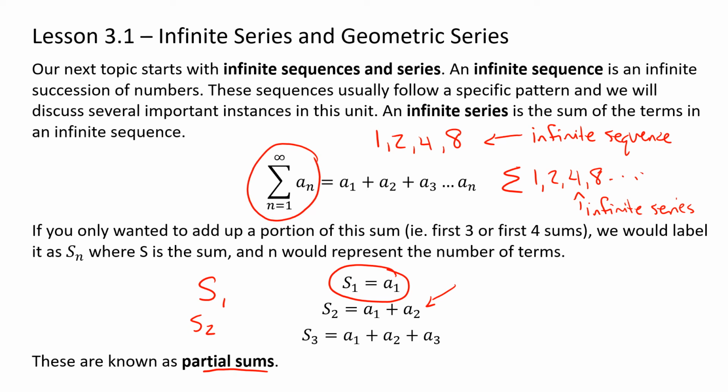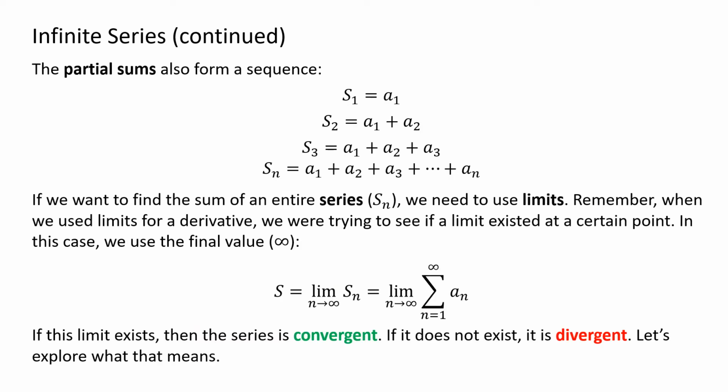But what you'll see is as you get further and further along, they'll likely converge to a number. So in a lot of instances, you don't have to add up all the terms to infinity, because you can figure out rather quickly whether it's going to converge to a certain number after you do a certain number of these sums. What you'll notice is these partial sums also form a sequence.